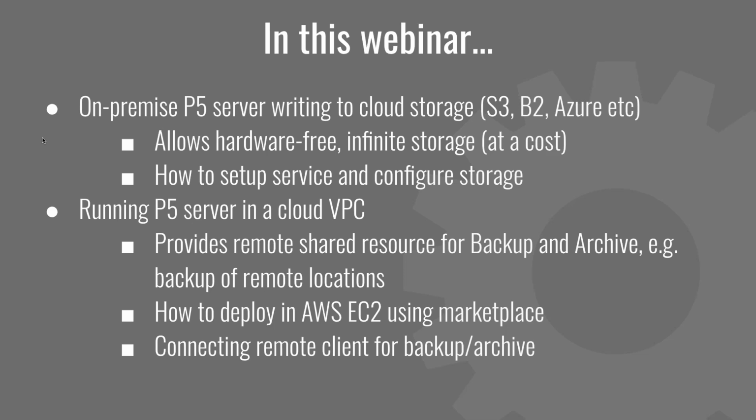You can hook that up to a cloud bucket, from Amazon S3, Backblaze B2, Azure, and various other cloud storage vendors. I've got a slide which lists them all in a sec. So we're going to look at doing that.